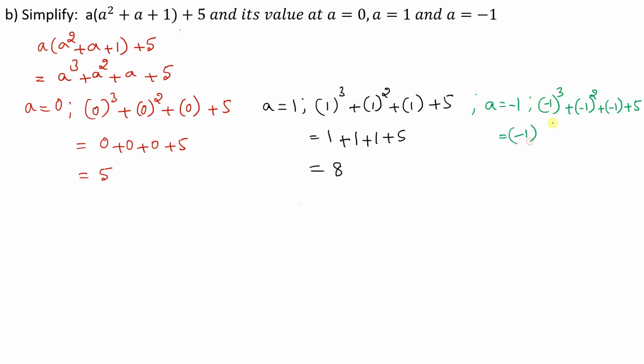It is minus 1 plus minus 1 whole square, it is plus 1 minus 1 plus 5. That's equal to minus 1 plus 1 minus 1 plus 5. Therefore, the final answer is minus 1 will get cancelled with plus 1. It is plus 4. So thus you must be able to calculate the values.